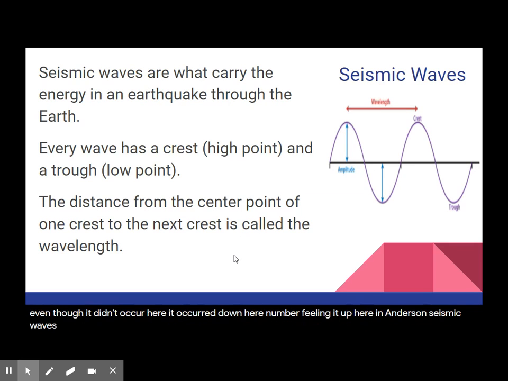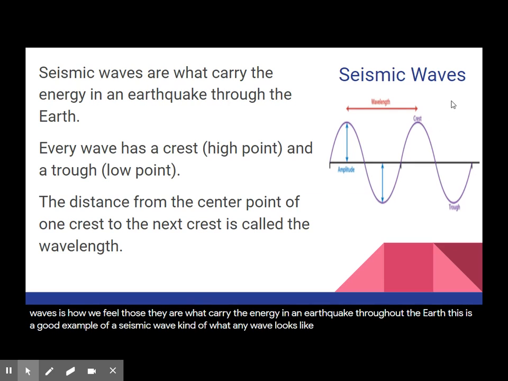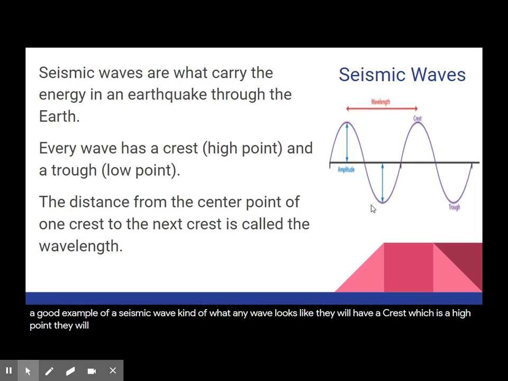Seismic waves is how we feel those. They are what carry the energy in an earthquake throughout the earth. This is a good example of a seismic wave, kind of what any wave looks like. They will have a crest, which is a high point. They will have troughs, which are low points.